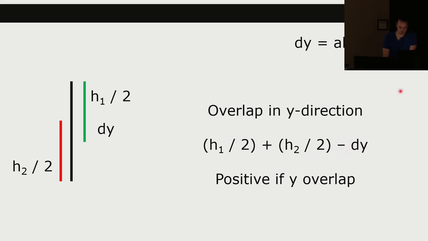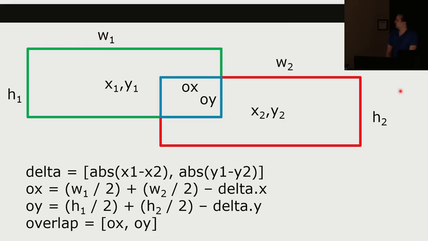So let's combine all of those together. We have two of our rectangles. We're going to store this delta, which is the distance between the centers of the two rectangles in the x and the y. In the x, that's just the absolute value of the difference of the x's. And in the y, it's the absolute value of the difference of the y's. Then we're going to take OX. This is the overlap x. That's what O stands for, which is the formula we just said.